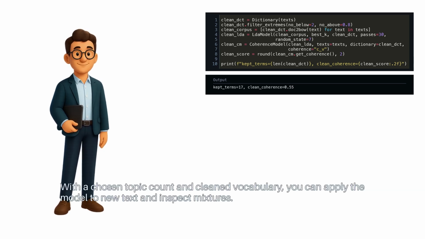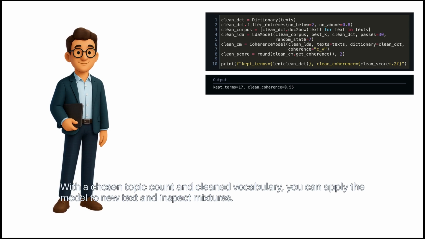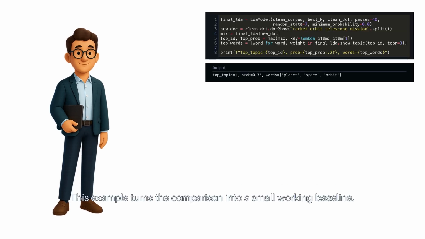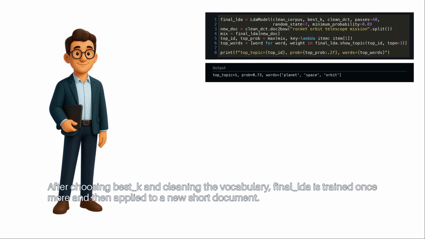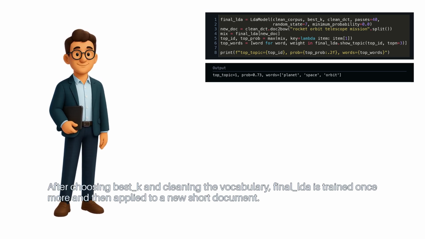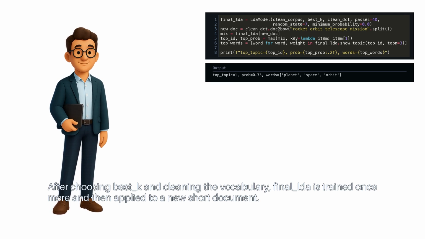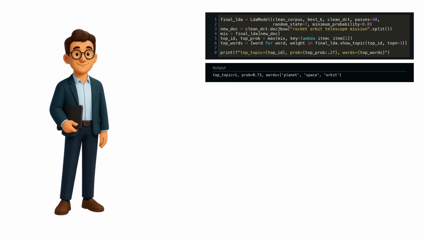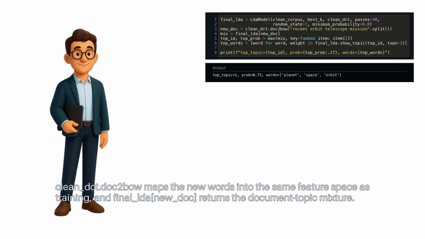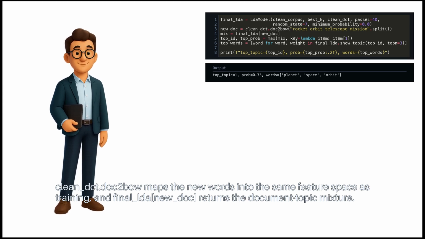With a chosen topic count and cleaned vocabulary, you can apply the model to new text and inspect mixtures. This example turns the comparison into a small working baseline. After choosing best K and cleaning the vocabulary, final LDA is trained once more and then applied to a new short document. Clean dictionary doc2bow maps the new words into the same feature space as training, and final LDA on the new doc returns the document topic mixture.